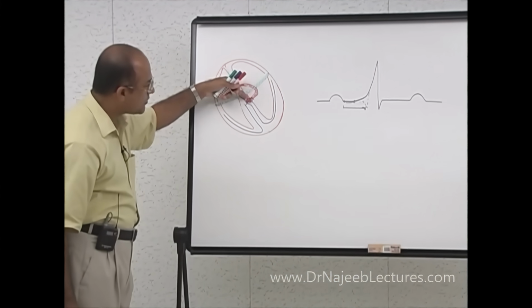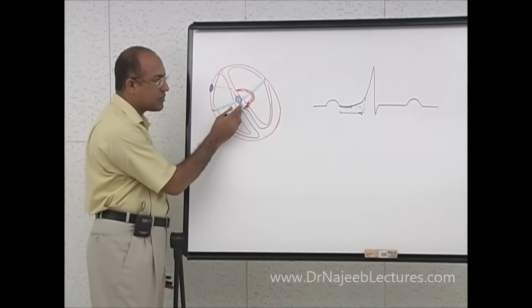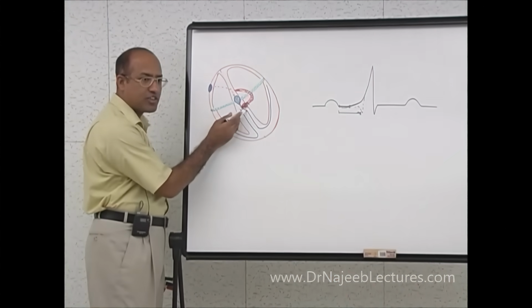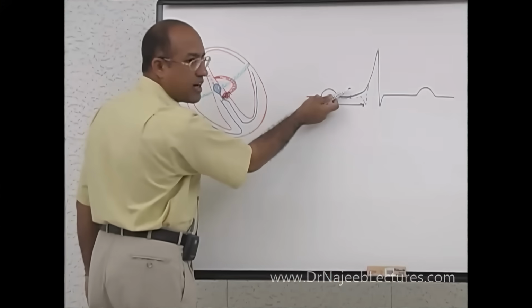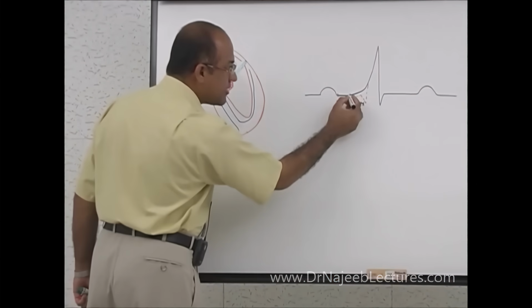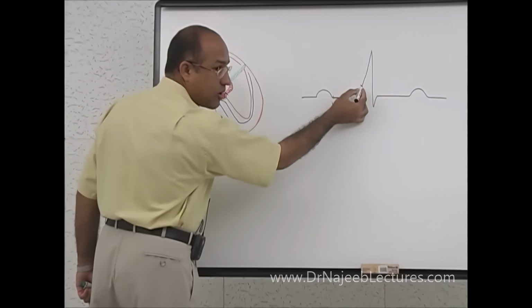As current is moving from the bundle of Kent to the fast conduction system, it produces a small vector which can lift the needle gradually up. And that is why this particular wave is going like this. But this is the moment. Look here, please.